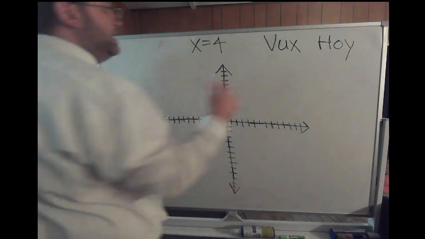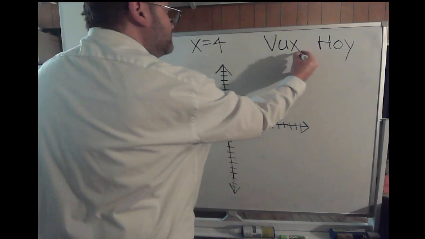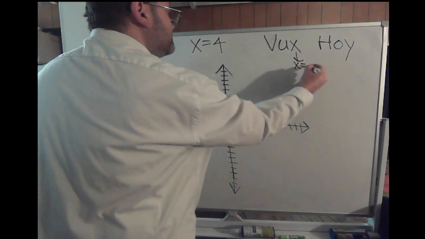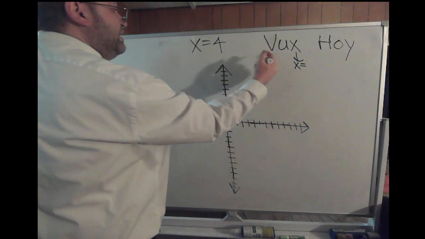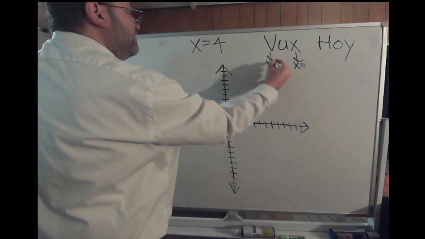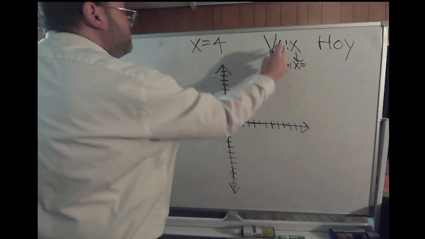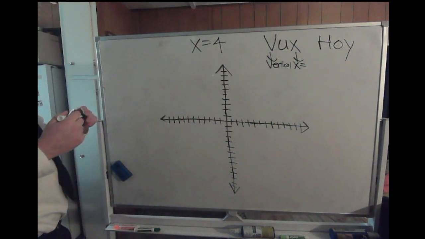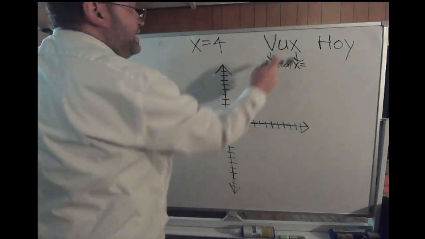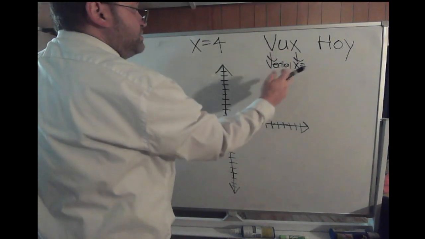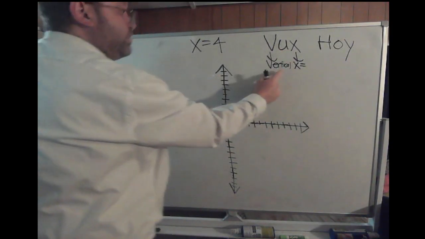When you have x equals, the V means it's a vertical line. Vertical. We'll get into the U tomorrow. Don't even worry about the U today. But VUX, okay? That means x equals vertical line.